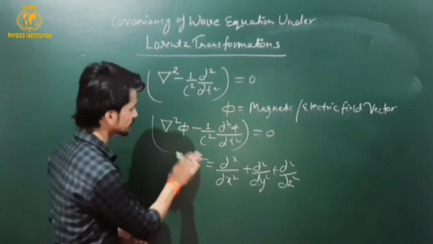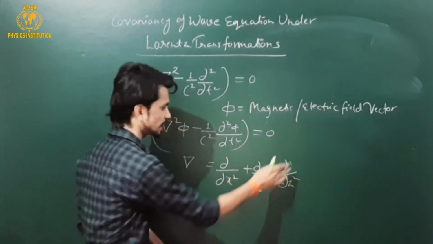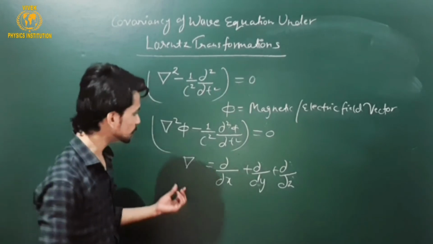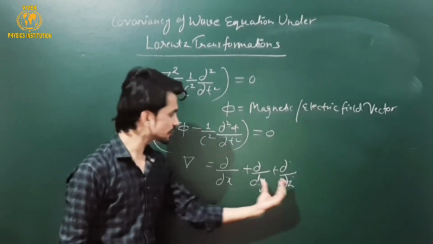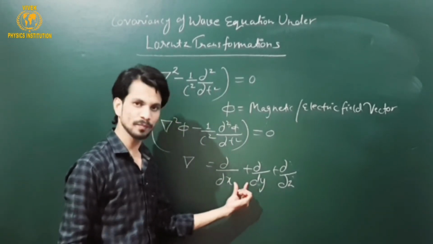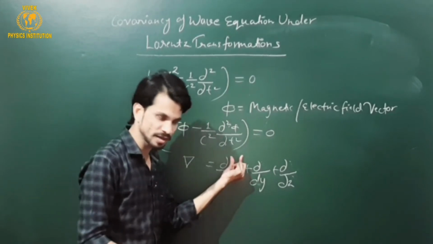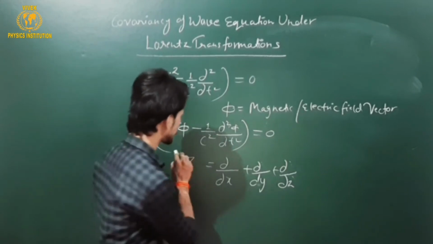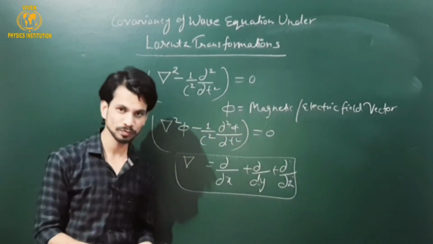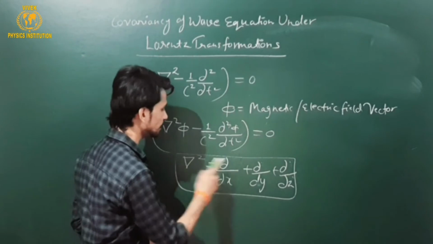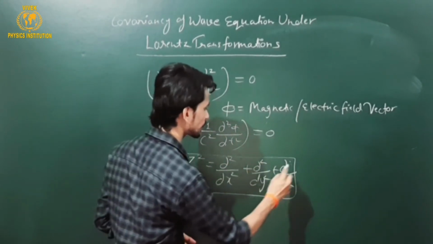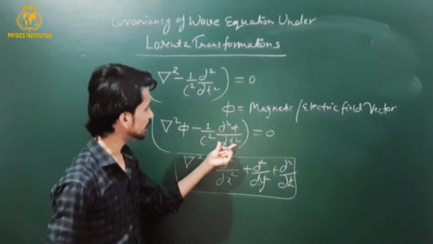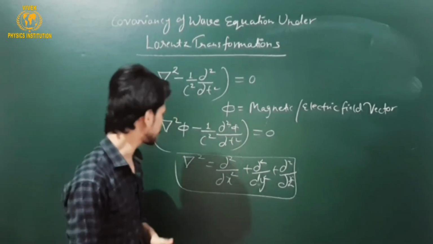If I take this simple first power of this factor, del is nothing but the addition of the partial derivatives of any variable with respect to x, y and z respectively. So this is the value of del. In the square form, this will be what I have written earlier. Similarly, del square over del t square will not change in its position.